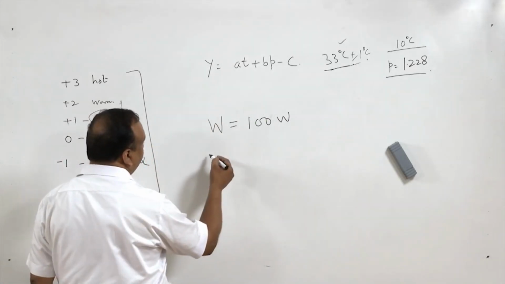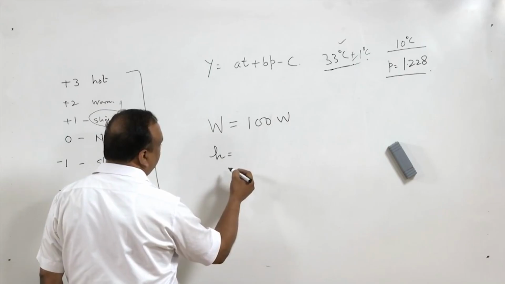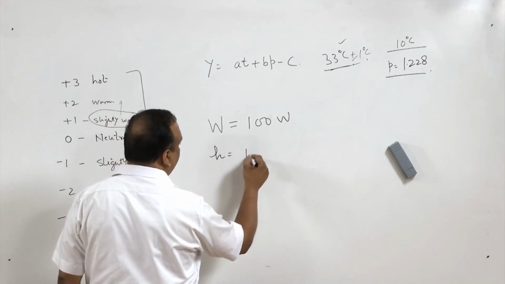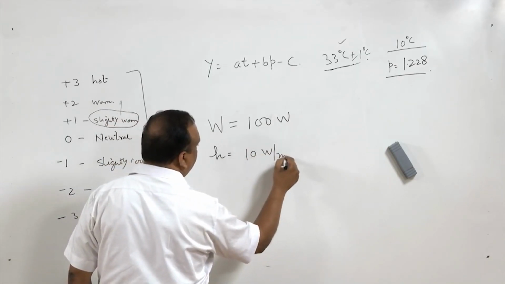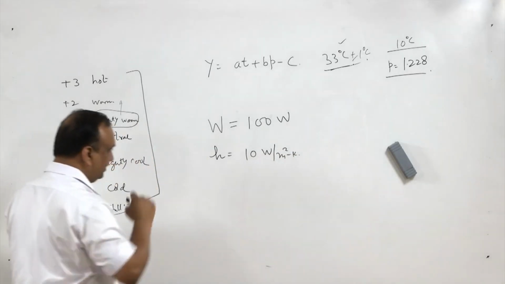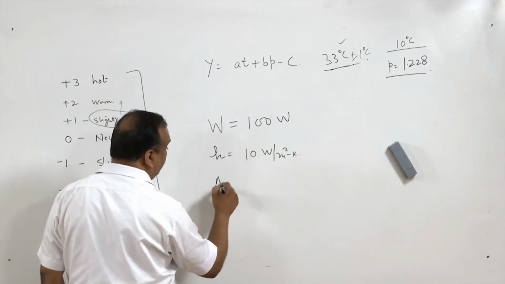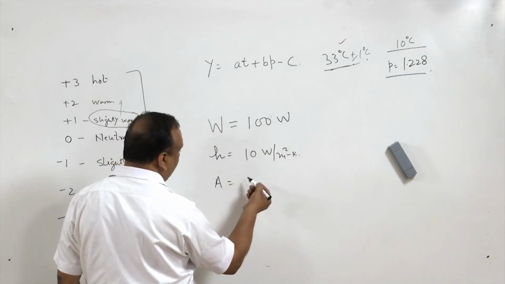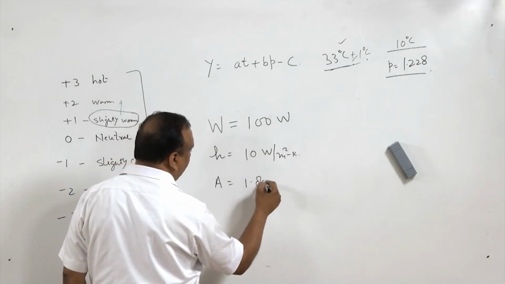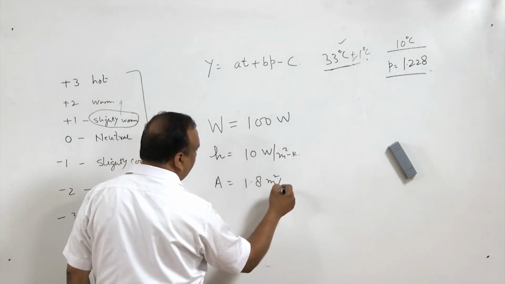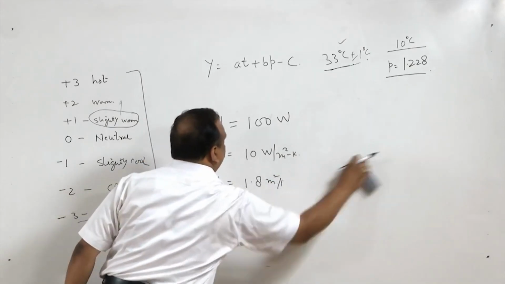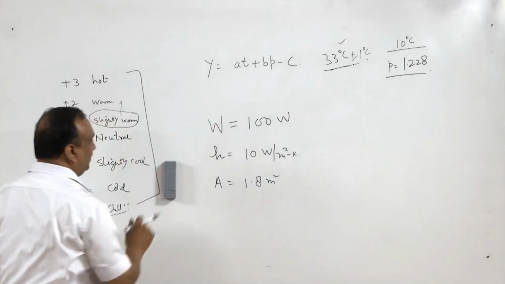In that case, H can be taken as 10 watt per meter square Kelvin. Area we have calculated in the previous lecture. Maybe you can take 1.7 or 1.8 meter square.